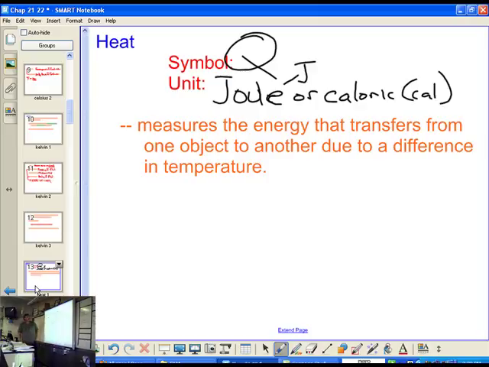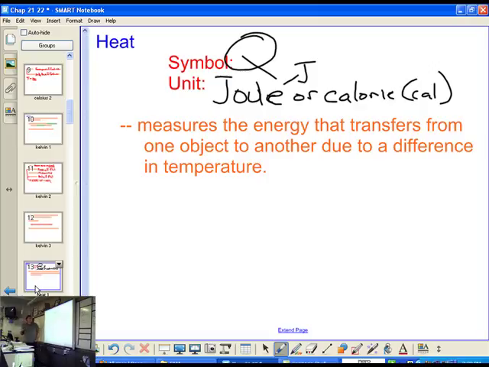By the way, this is not a food calorie. Your food calorie on a can, where this soda has 1 calorie, is actually 1,000 of these calories. That's calorie with a capital C, or a kilocalorie. Food calories are kilocalories.